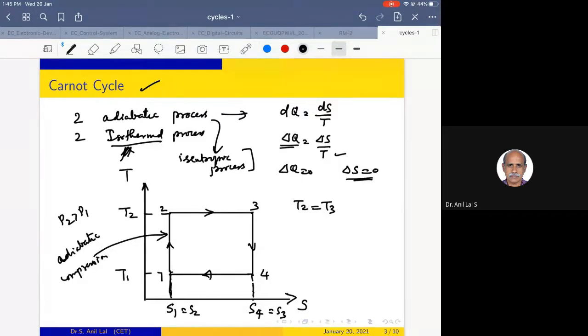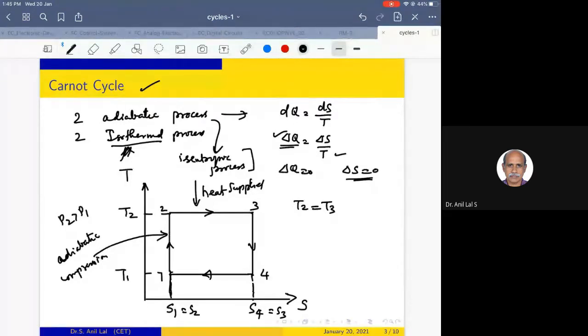During 2-3 is an isothermal process where temperature remains constant and entropy increases. When entropy increases, heat is transferred into the system. So heat is supplied to the working substance of the cycle during 2-3.